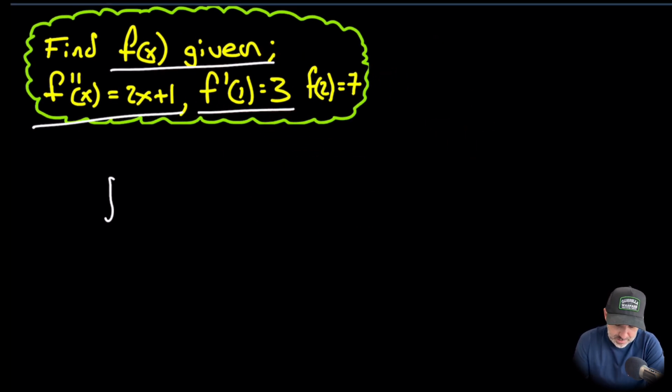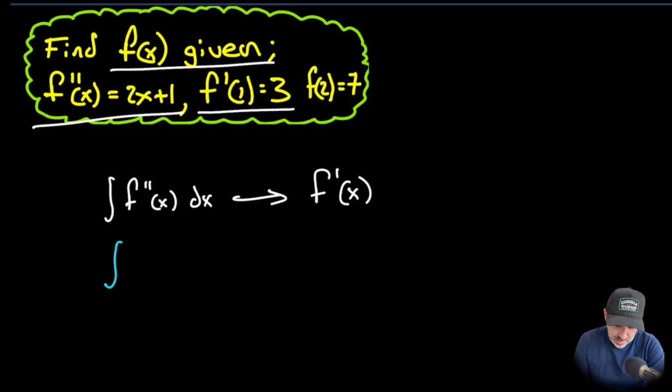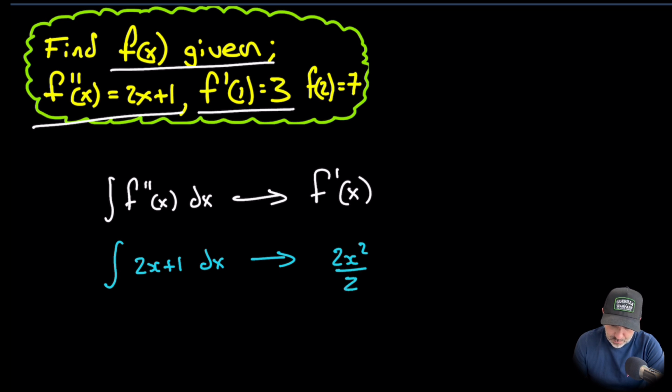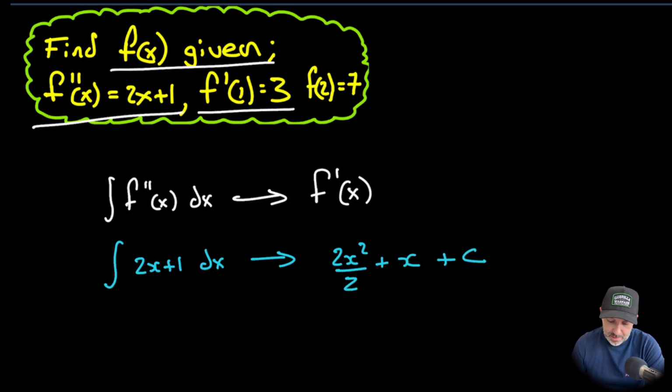If we integrate the second derivative function with respect to x, we will end up with the first derivative function. So that means if we are integrating 2x + 1 with respect to x, we will get 2x squared over 2 plus x plus c, and that would be the derivative function.